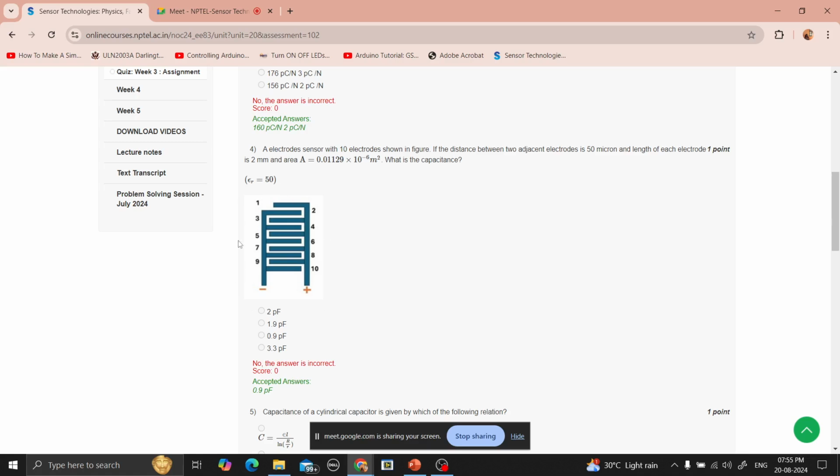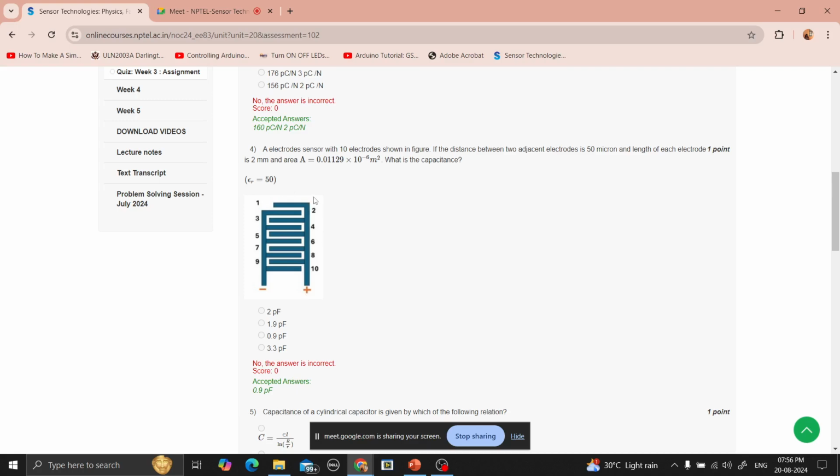So there are 10 electrodes. Between the first electrode and the second electrode there will be one capacitance. So in total there will be 1, 2, 3, 4, 5, 6, 7, 8, 9 capacitances. If there are 10 electrodes, then there will be n minus 1, that is 9 capacitances between these electrodes.